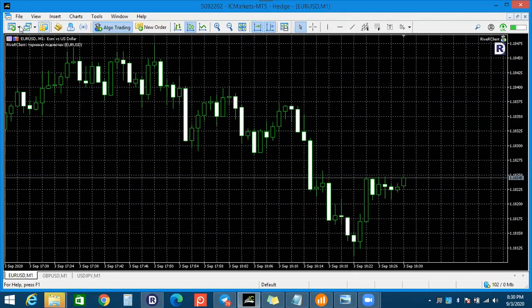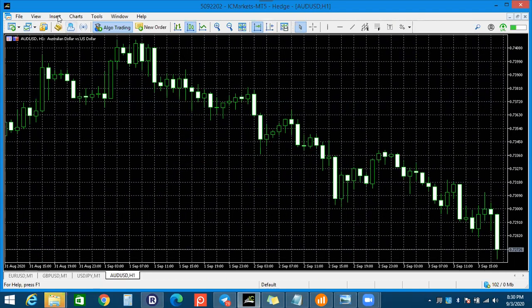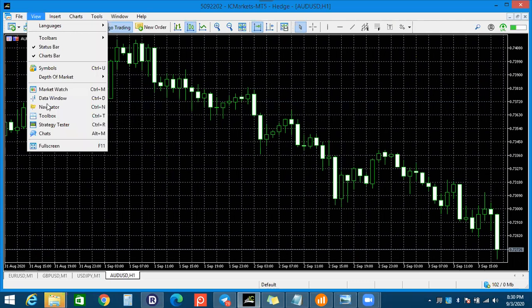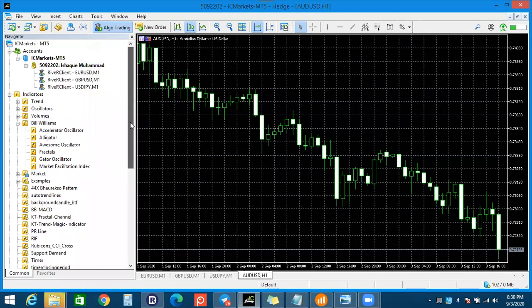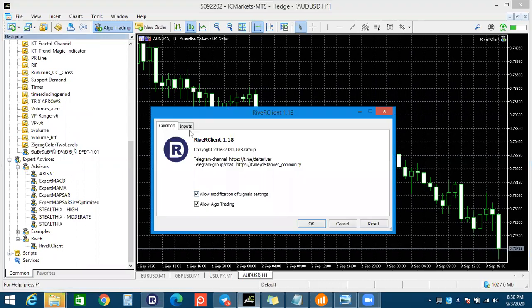Look, I open the AUD USD, and I go to the indicators. There is a Delta River client here. I just apply it here, and okay, Delta River is loaded now.